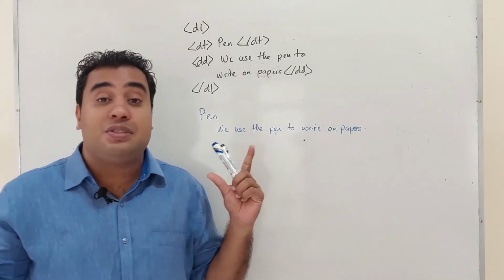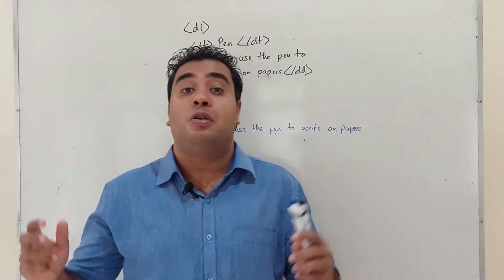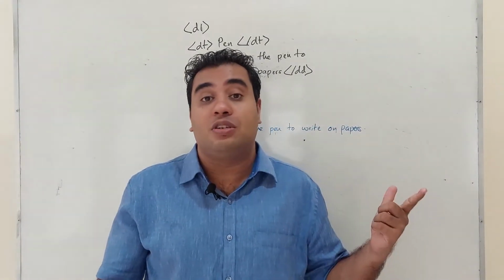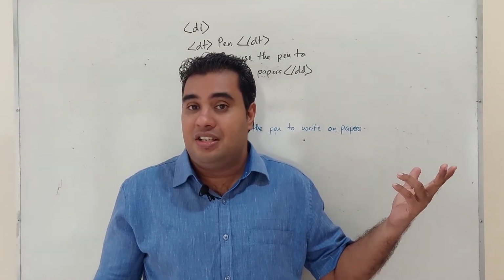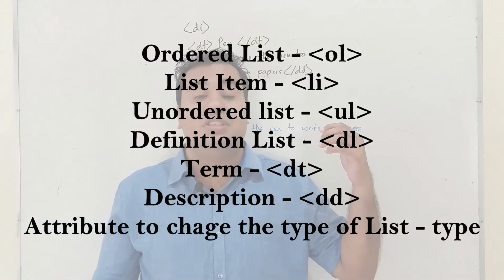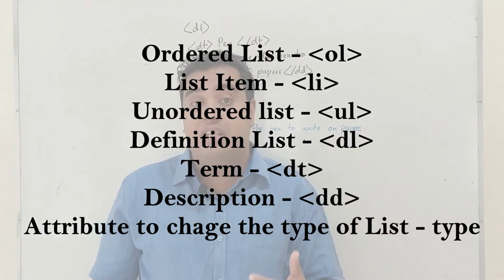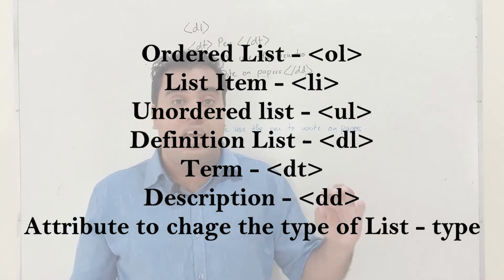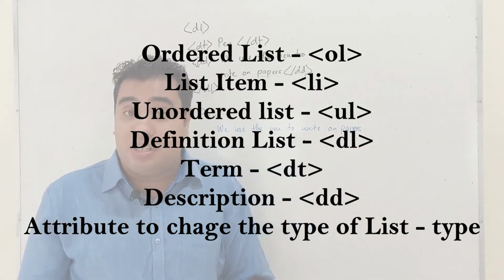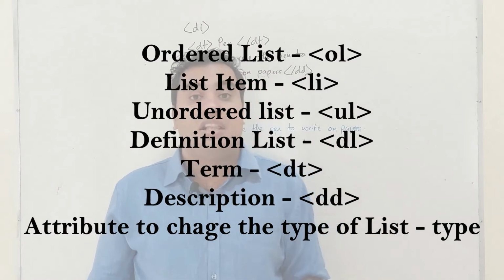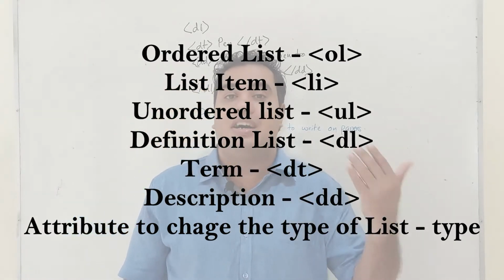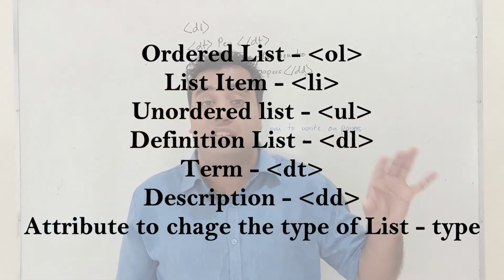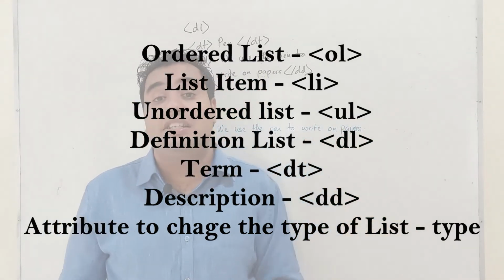Hope you understood the concepts of these lists. As we learned, there are three types of lists: ordered lists, unordered lists, and definition lists. To create an ordered list, we use the tag OL, and within it we use the tags LI to represent the list items. To create an unordered list, we use the tag UL, and within it we insert list items using LI tags.